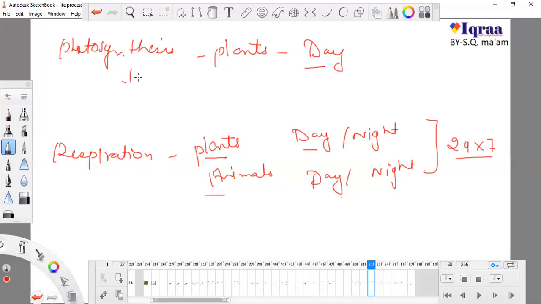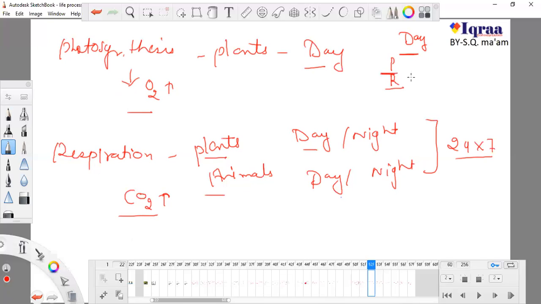So in photosynthesis there is a presence of oxygen, and in respiration there is a presence of carbon dioxide, because the product released in photosynthesis is oxygen, and the product released in respiration is carbon dioxide. So in daytime, photosynthesis and respiration can both be conducted.